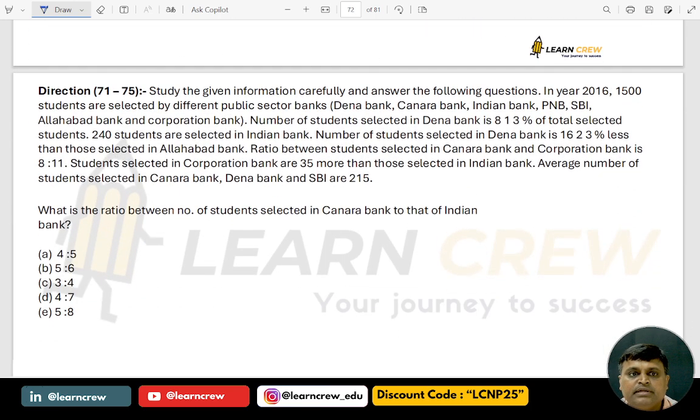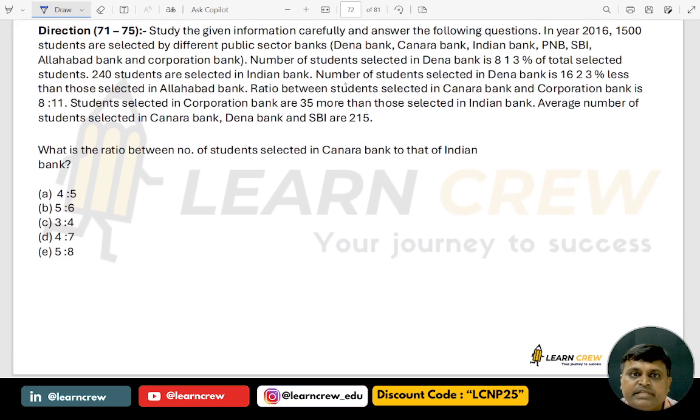Question based on DI, simple. It is a simple DI given. So if you see here what is given, observe it. In a year 1500 students are selected by different public sector banks: Dena Bank, Canara Bank, Indian Bank, PNB, SBI, Allahabad Bank and Corporation Bank.